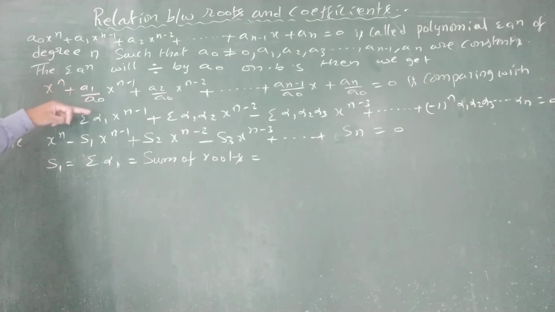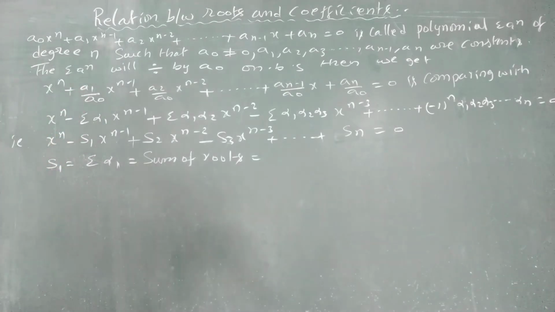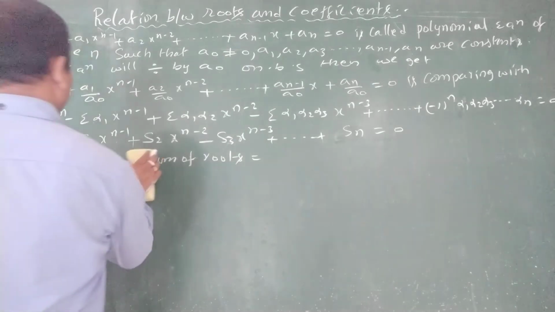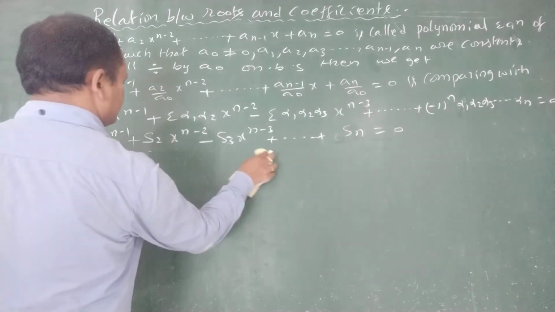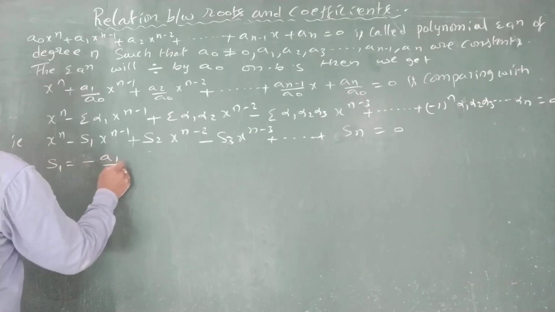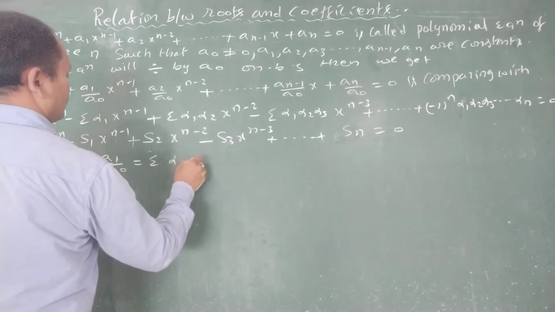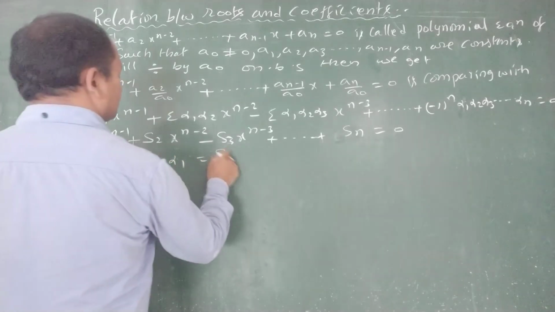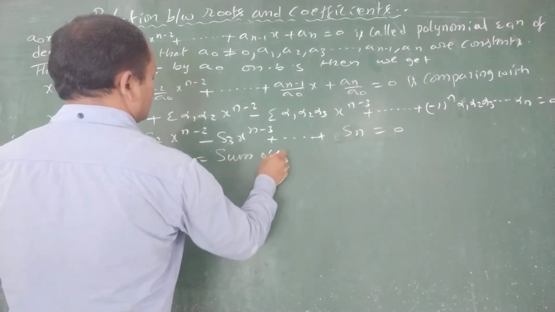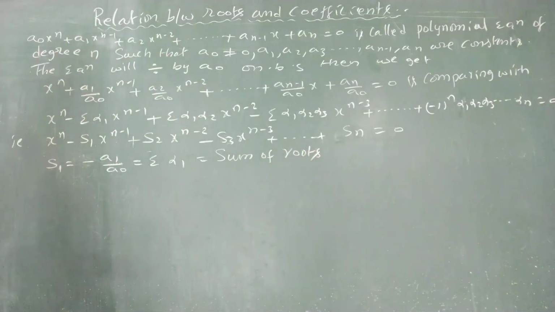Here it is minus a1 by a0, so s1 is equal to minus a1 by a0. That is sigma alpha 1, which is the sum of all the roots.